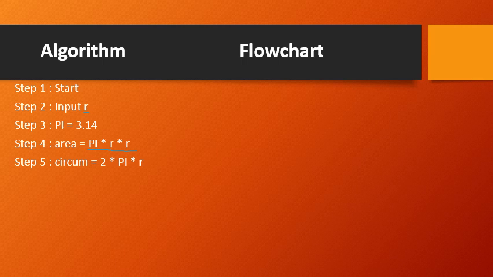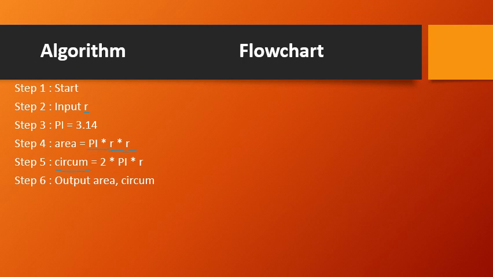And here you may see I have used circum, where I am storing the calculation 2 pi r. If I want to display it as an output, as a result, I should use circum itself. I cannot write it as circumference in the algorithm.